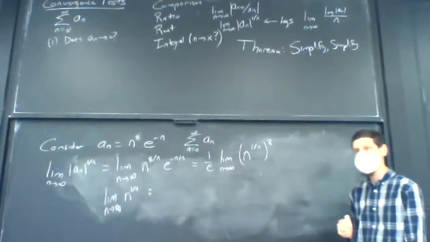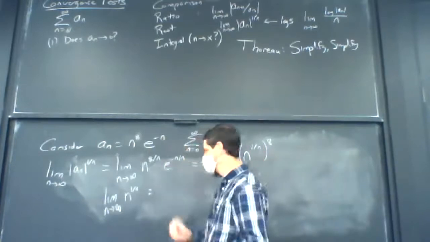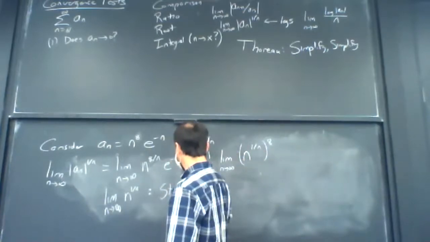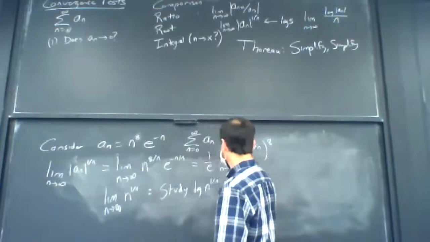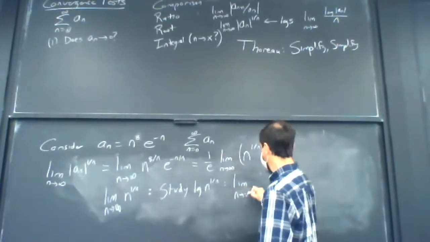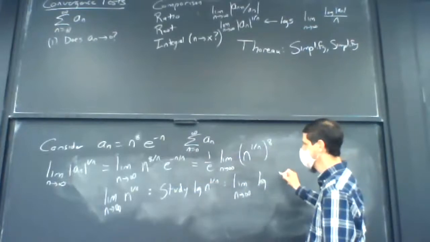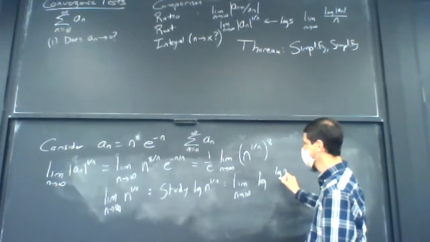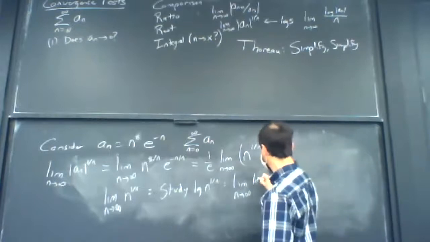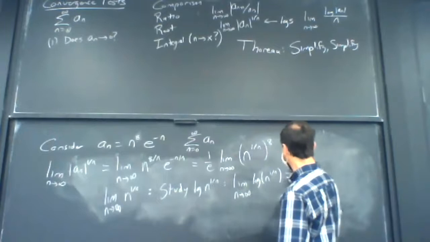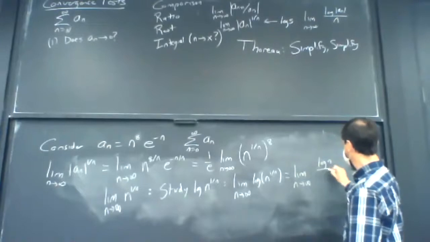So when you see n to the 1 over n, what should you think of? Logarithms. So instead, let's study the log of n to the 1 over n. We'll have the limit as n goes to infinity of the log of n to the 1 over n, which is the limit as n goes to infinity of the log of n over n.